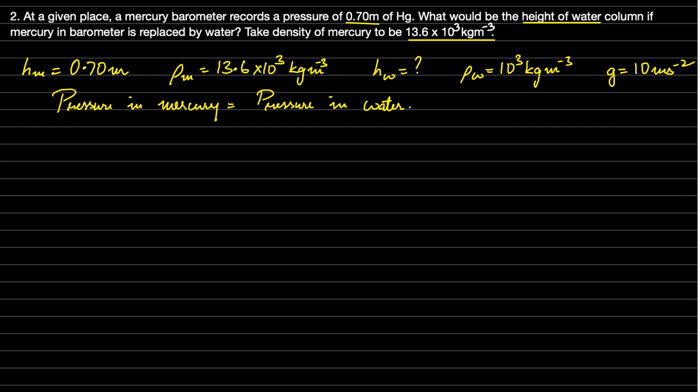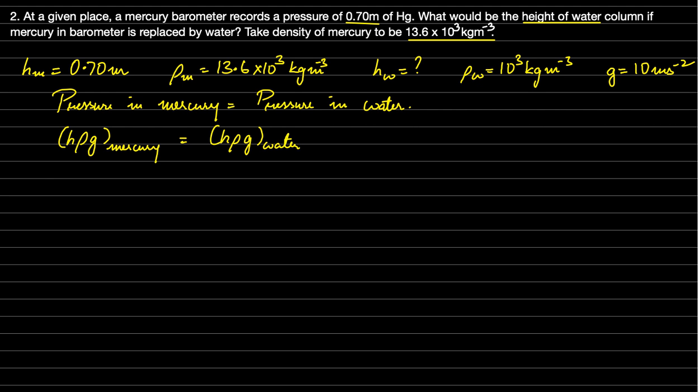So I would be using the same formula as I used in the previous question, that is P is equal to H rho G. So we can write H rho G for the case of mercury is equal to H rho G for the case of water.